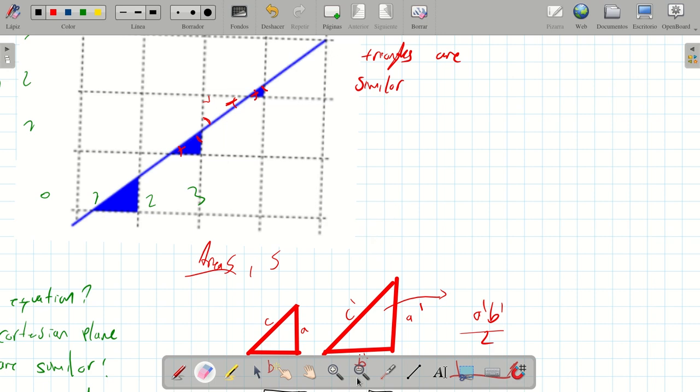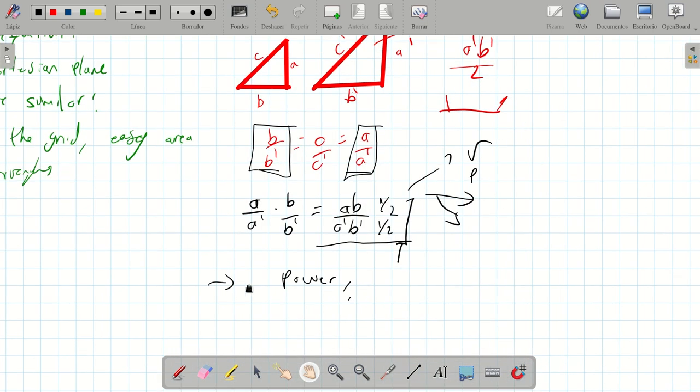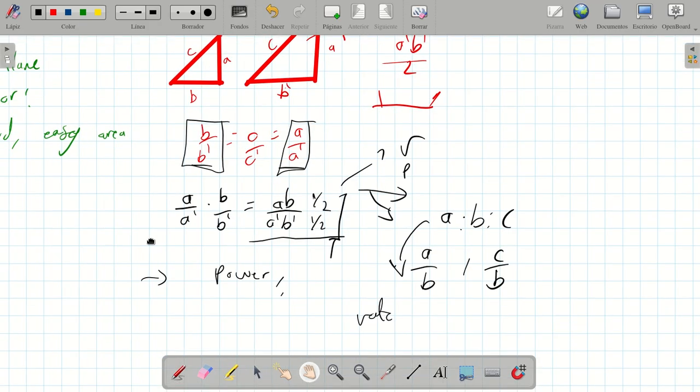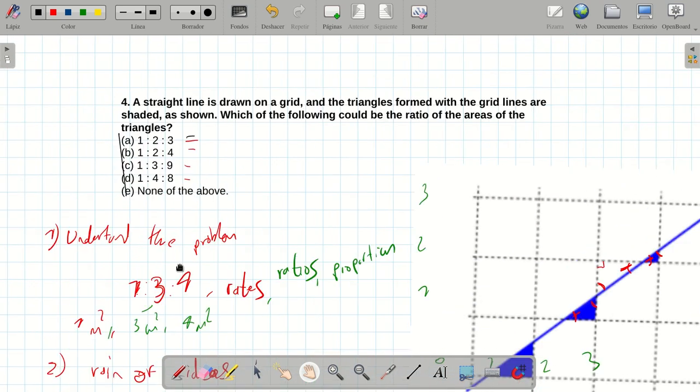Because remember that a ratio means something like this, A over B or C over B, and with this, using the special power that this number has, and that you already know what a ratio is, you can try to find the solution. So tell me in the comments if you find the solution.